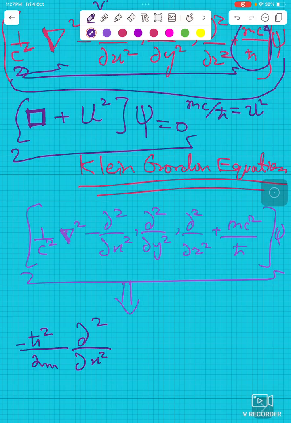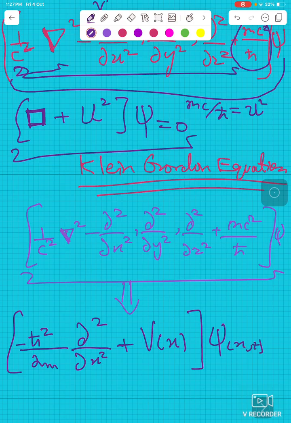This can also be 4. This is non-relativistic, we are not talking about direction. Plus V of x square, and this whole thing can be written as x and t. We'll just talk about x equal to I h bar d over dt.